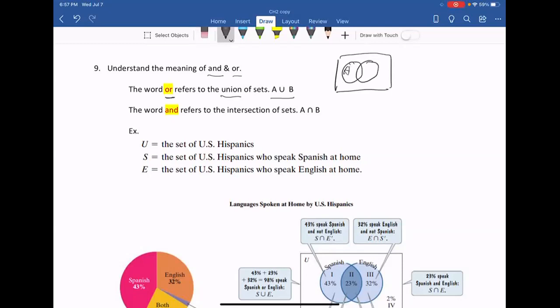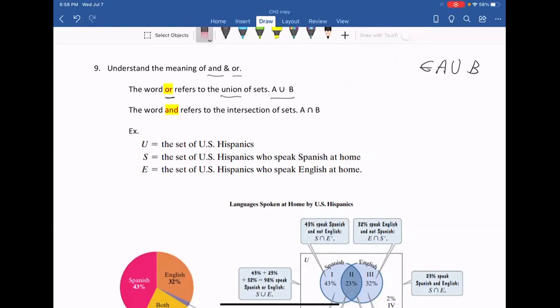It's A and B. So if I say the element X is in A or B, or I can say A union B, they are the same. That means the X could be here, all of this area.